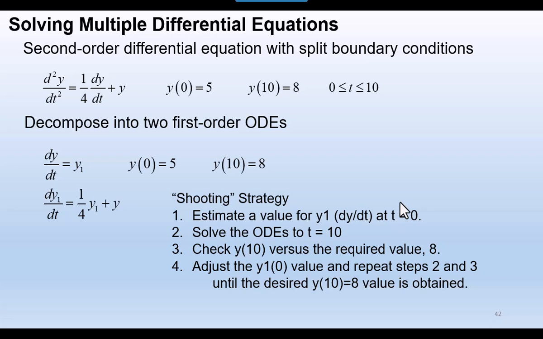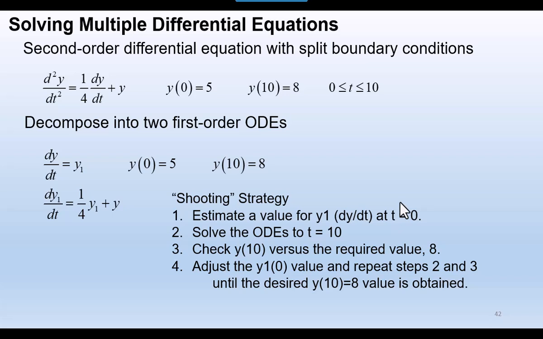We don't deal with those that often in chemical engineering, but they do occur when we have diffusion or we have conductive heat transfer, but we rarely see differential equations which have higher order derivatives.